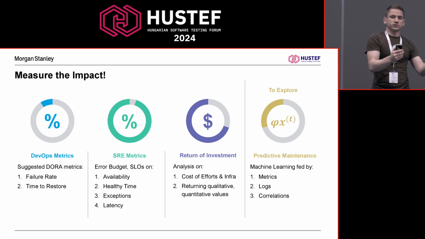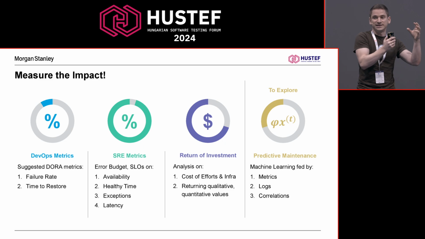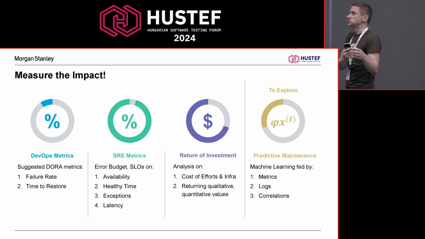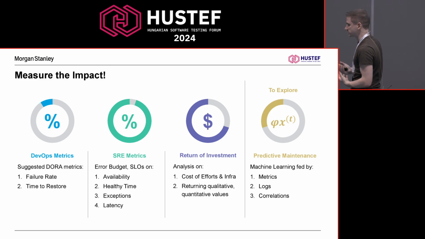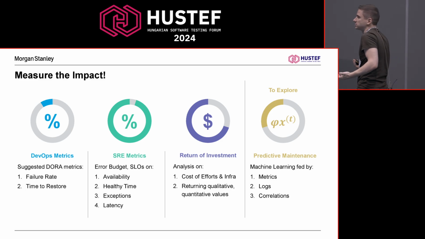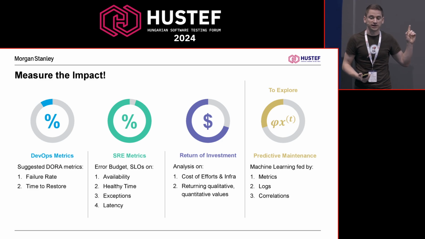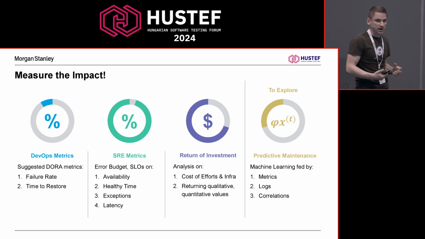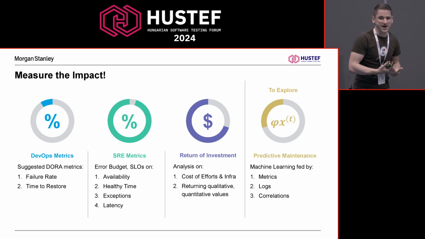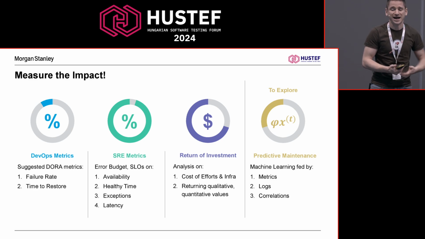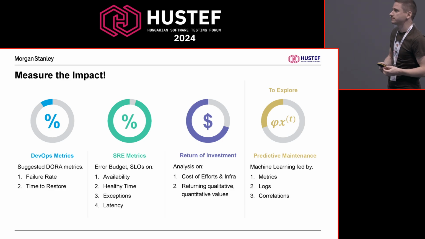Now, if you put besides these values your costs, what you spent on efforts and on the infrastructure, you actually have the return on your investment. And this is super important if you want to maintain a good relationship with your business stakeholders. They understand this language.